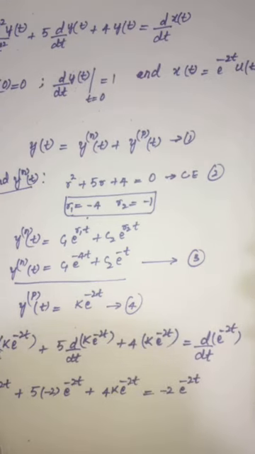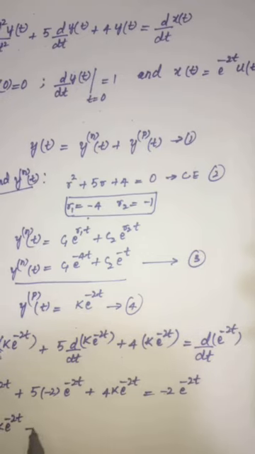Upon simplifying this, I will be getting 4k e to the power of minus 2t minus 10 e to the power of minus 2t plus 4k e to the power of minus 2t equals minus 2 into e to the power of minus 2t.